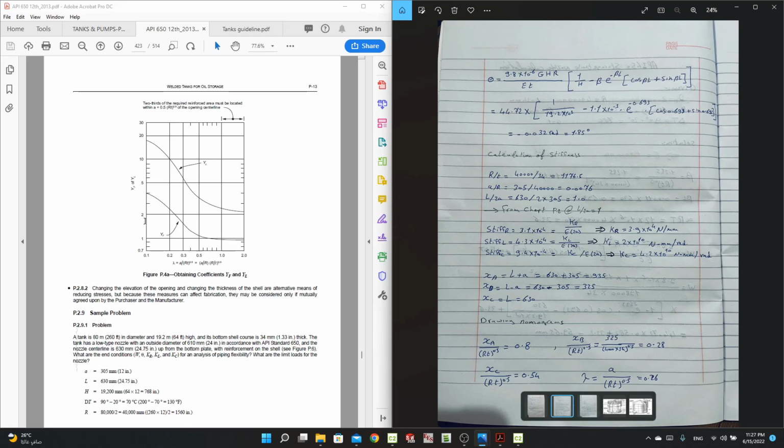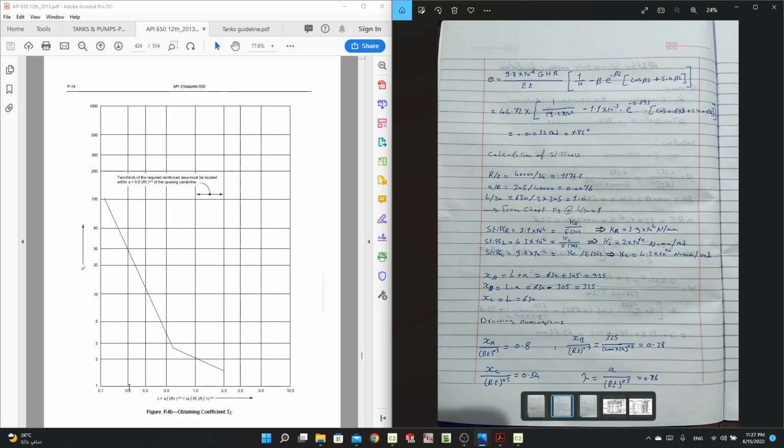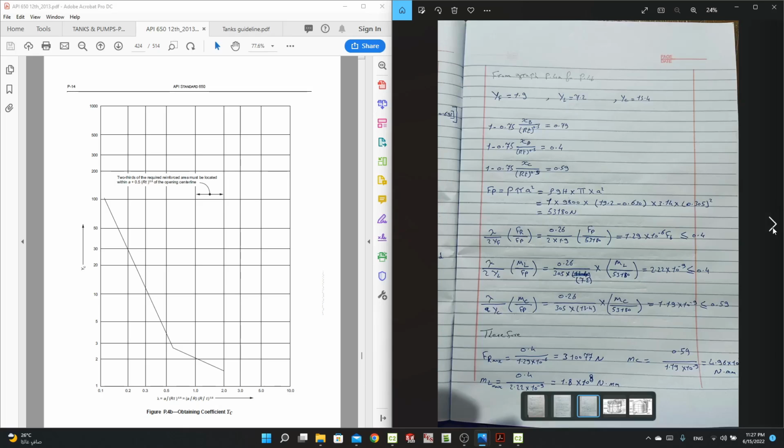I think it would be 1.6, 1.7, and do the same until it hits the curve YL, and you can get the YL. Also the same here, you go here and go upward until you hit the YC, and then you get the YF and YL and YC.